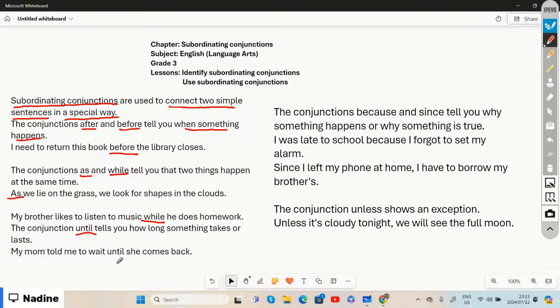If we look at the next one, it says, my mom told me to wait until she comes back. That conjunction until tells you how long something takes or lasts. Until she comes back. It's not giving us a time frame. All they're saying is that you need to wait until.